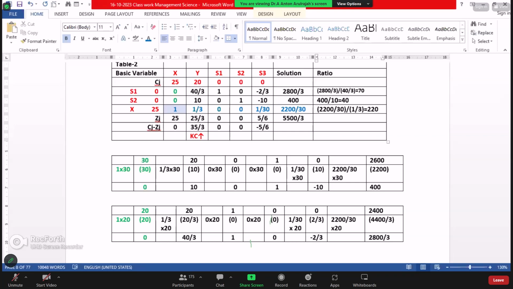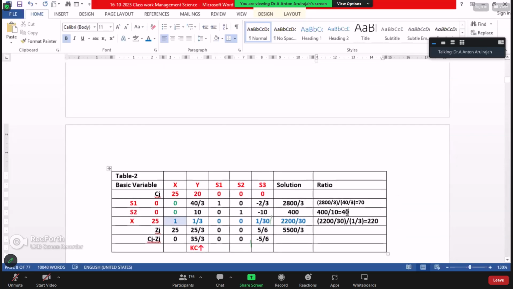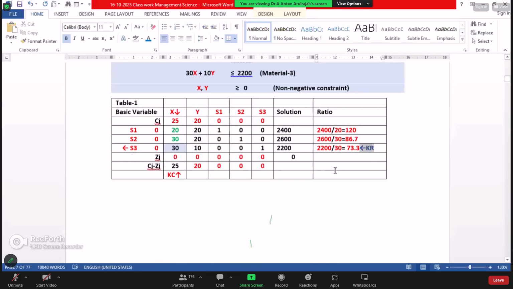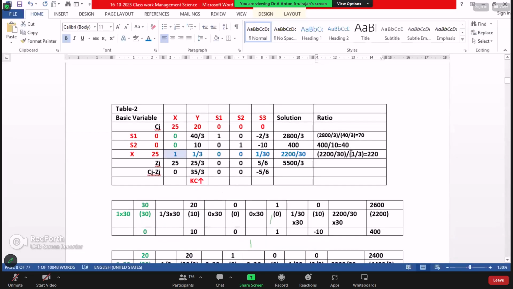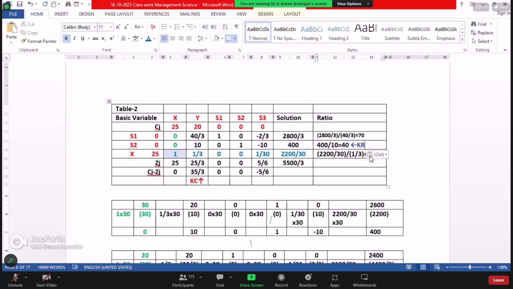So now you see which is the lowest positive value, the smallest positive value: 70, 40, 220. So 40. 40 has to be considered as the key row.